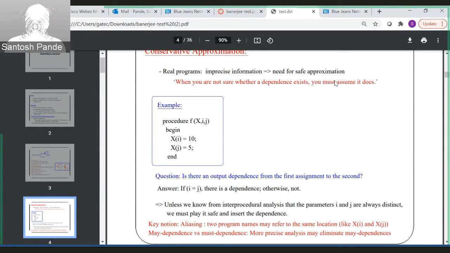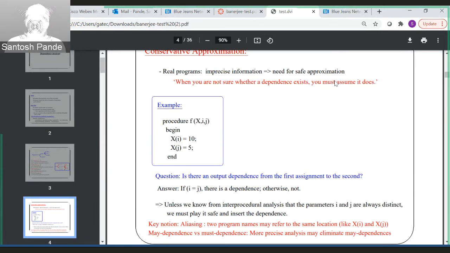So what is the downside? If we assume that they're equal, the downside is that there is a dependence, and we will not be able to execute x of i and x of j in parallel, and we will lose a parallelization opportunity. So in short, if we assume a dependence when it does not exist, we are okay. But if we assume that there is no dependence when there might be one, we are not okay.